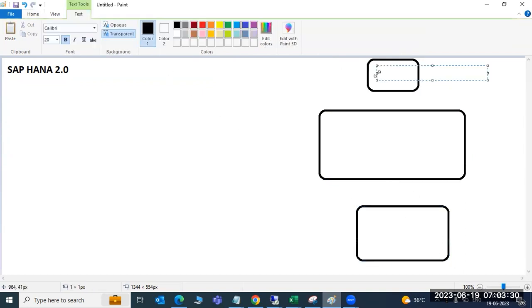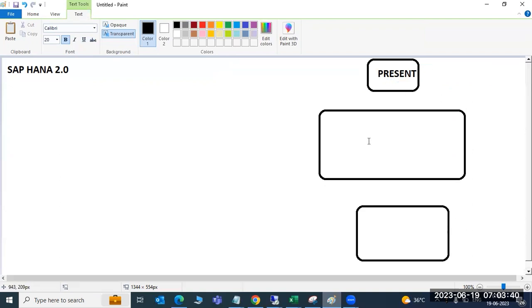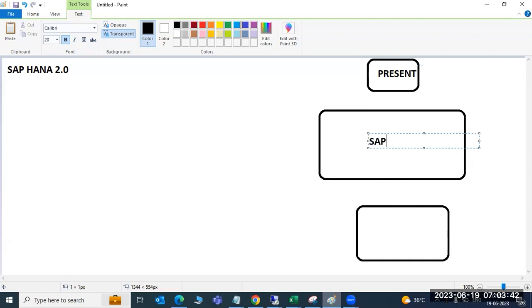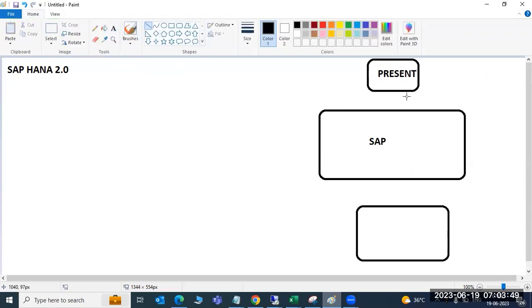The presentation layer means our login pad, our browsers, from where we will do our business. From here, we will launch the application. SAP is one of the applications; we have many applications, but here we have the one SAP application.